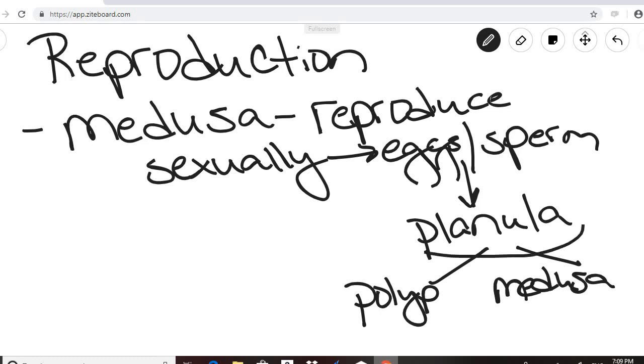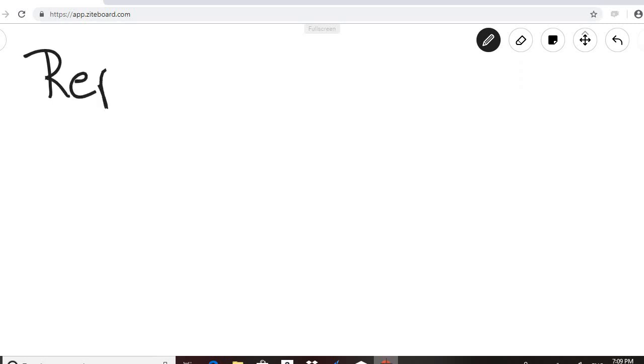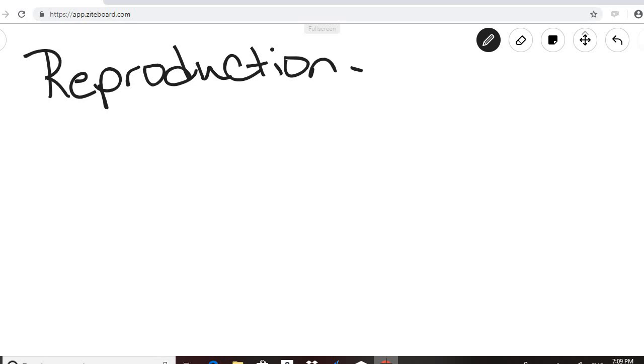The egg and sperm form a planula, then that planula can become a polyp in some species, and in other species it will become a medusa. So one way that reproduction can happen is sexually through the medusa. A second way that reproduction can take place is that the polyps can bud.